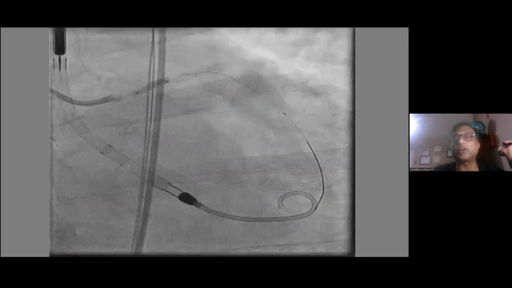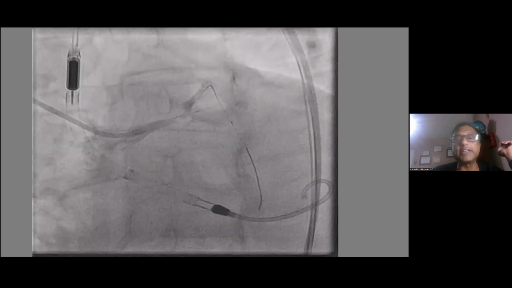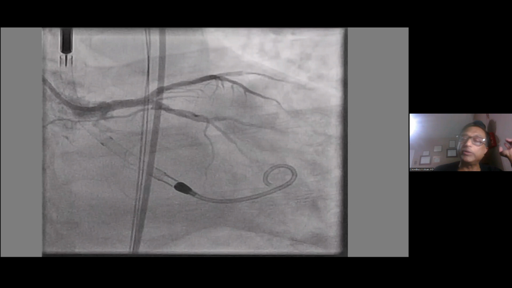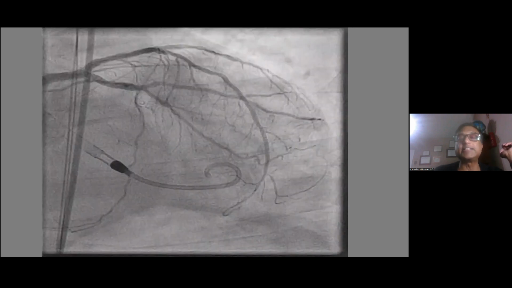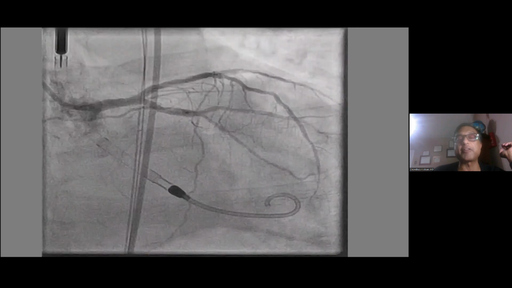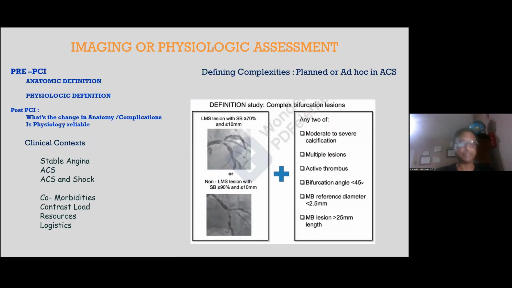This is a patient who came to us with cardiac arrest. We don't see any flow in the left main, and we rapidly unload cardiogenic shock. And then we try to do PCI. The question is, I don't think that we can comfortably use only the physiology in this setting, and it may beg further assessment by anatomic assessment in this kind of situation.